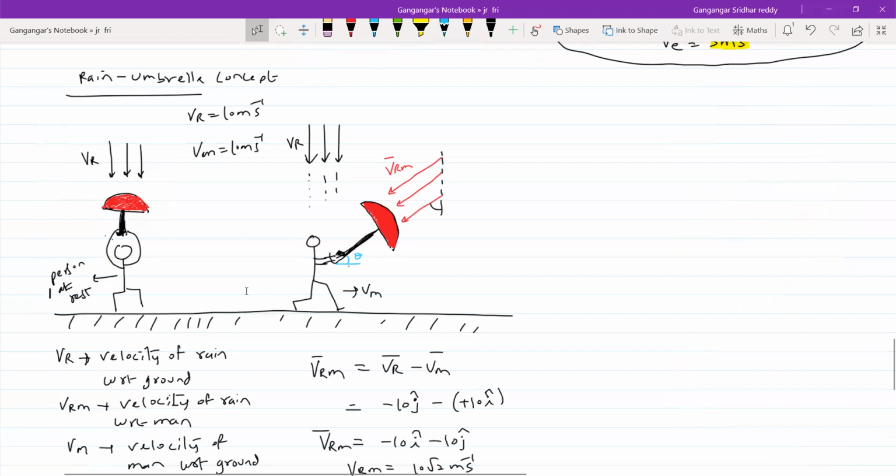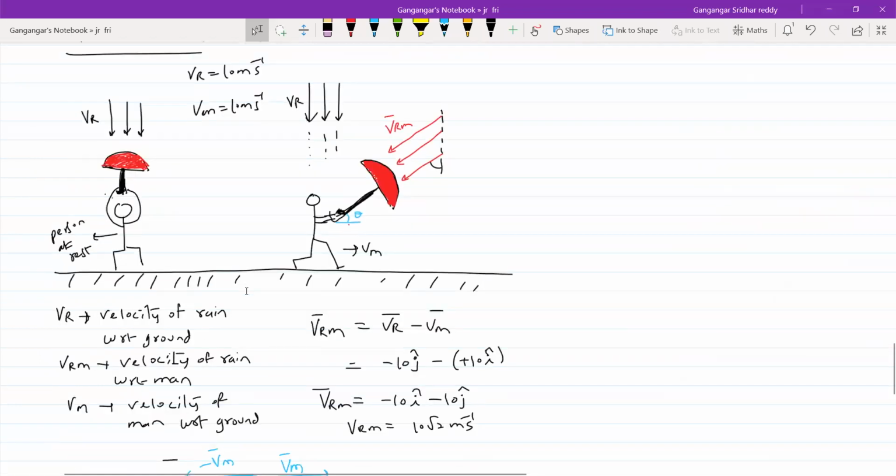Let him double the speed, or say 2 Vm. Why double speed? He is in a hurry, so we have to reach home earlier. So we will double the speed. Then we'll see what conditions will arise.